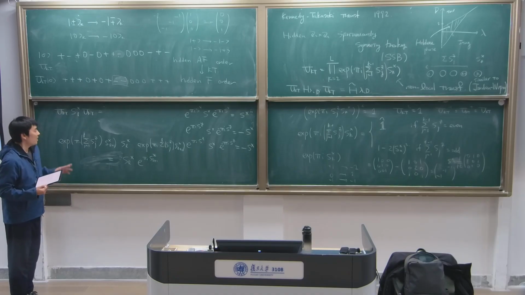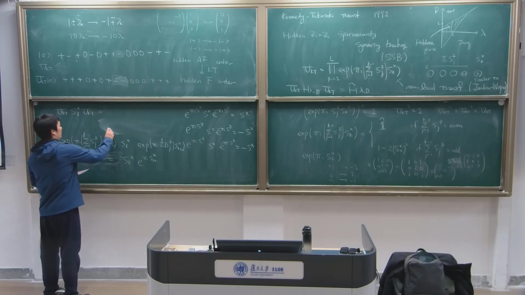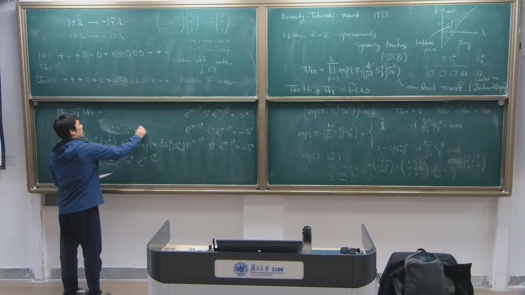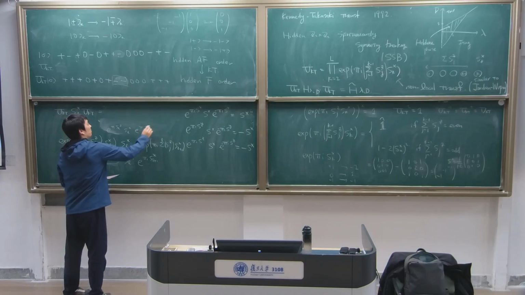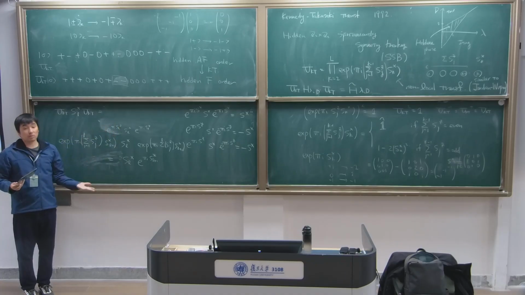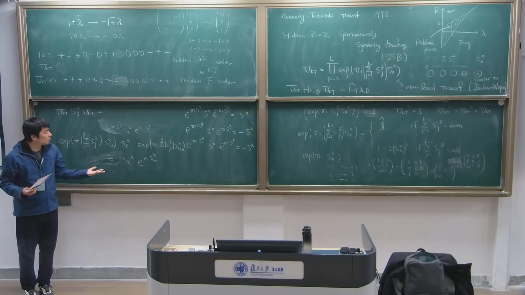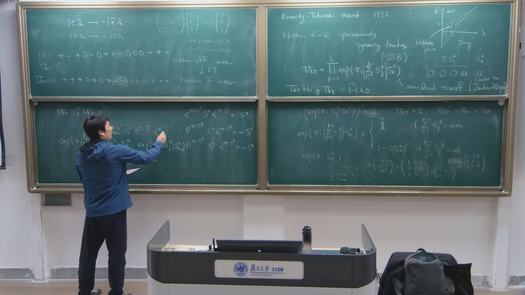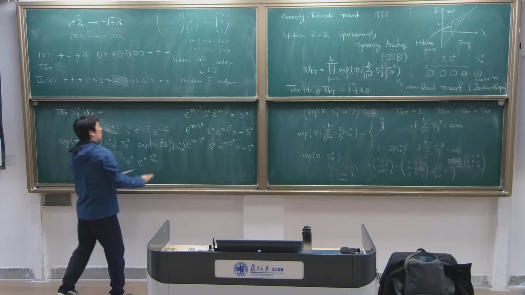So what's relevant is e to the pi i S_L^z, S_L^x, e to the pi i S_L^z, if S_L^z is plus or minus 1. And then you have e to the pi i S_{L+1}^x.